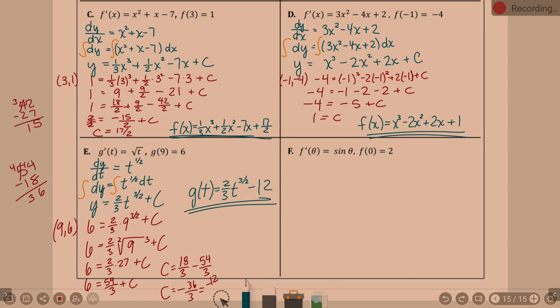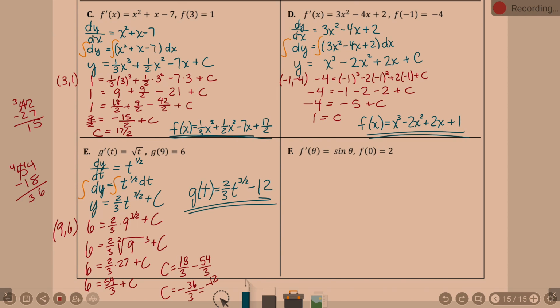Okay. And I do actually have one written in here. I have one from homework I want to do together. They kind of change things up and they give you something in homework that you haven't seen in notes. So that's why we're going to do one of the homework questions. Okay. F prime of theta equals sine theta.